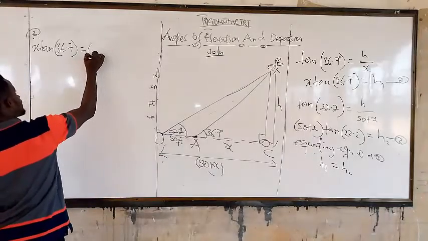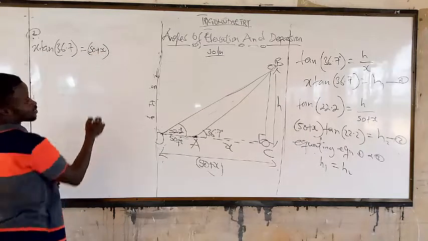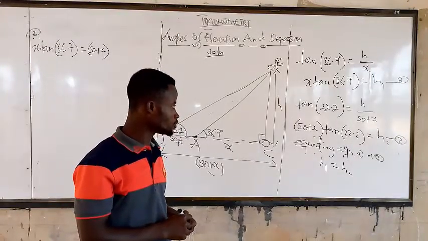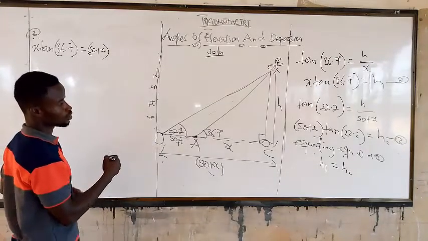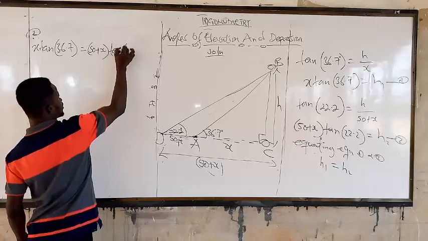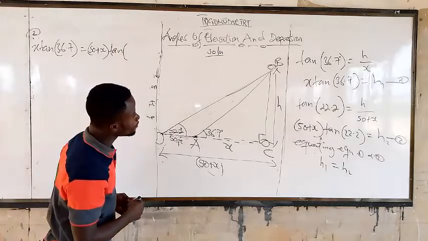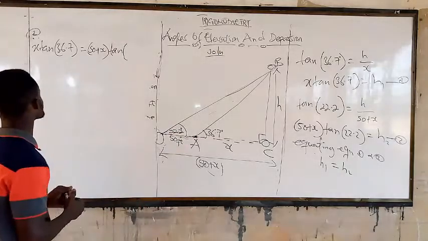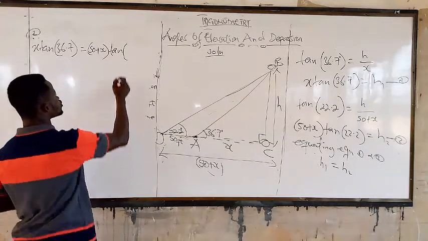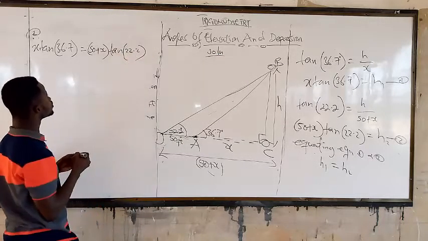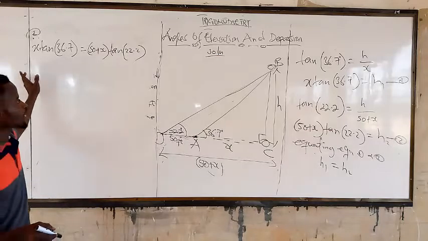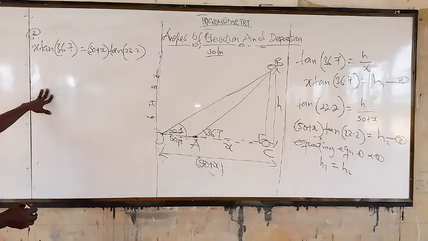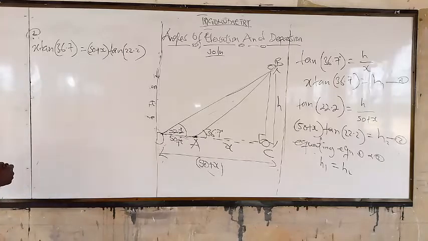So yes, 50 plus S is also going to be equal to tan 22.2. So now you see that we have gotten rid of all the H, so we can now solve for our S. Alright, so let's make S the subject.